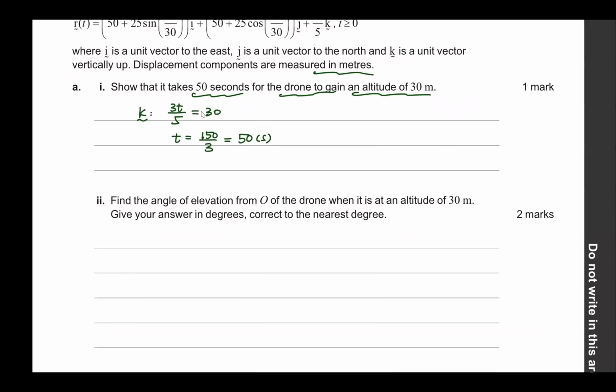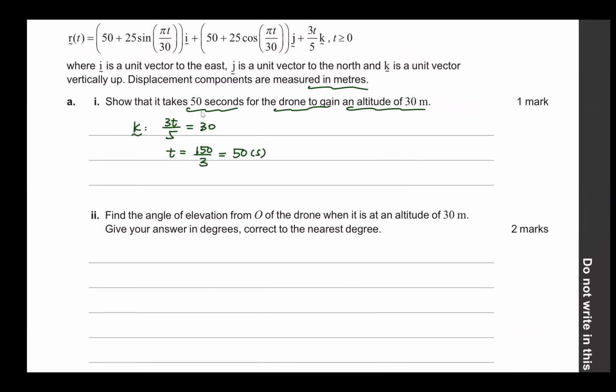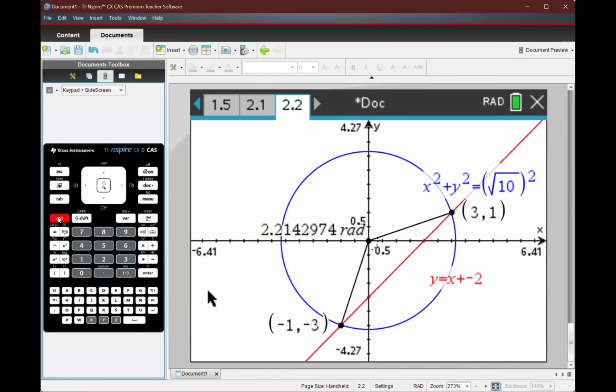Find the angle of elevation from O of the drone when it is at an altitude of 30 meters. Give your answer in degrees, correct to the nearest degree. So for the vector calculus question, this is one thing I really want to show you.